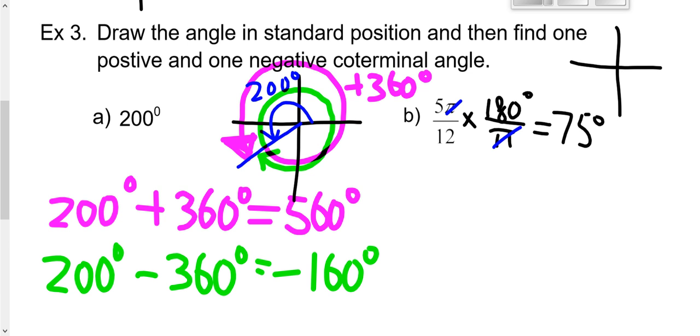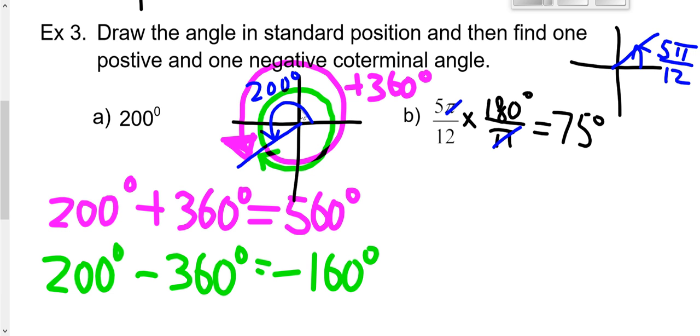That's easy. 75 degrees would be somewhere here. The question talks about pi in radians, so that means this angle is 5 pi over 12.